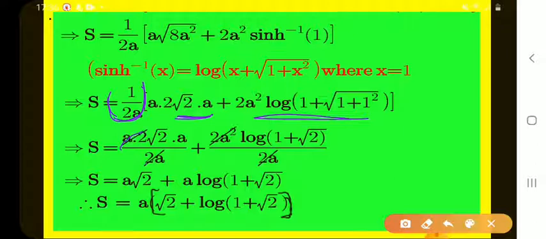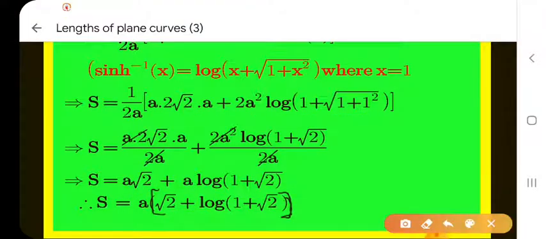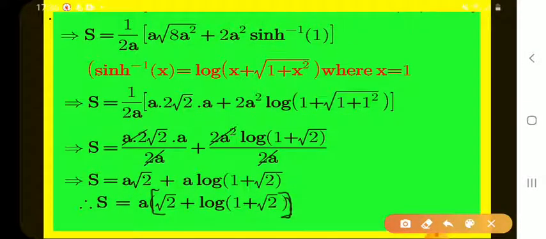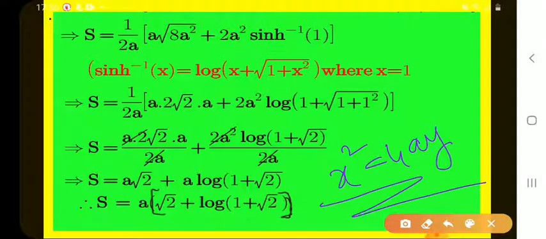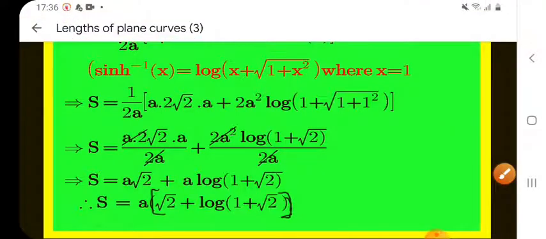Remaining term is root 2 a. Here also 2a cancel. Remaining term is a log of 1 plus root 2. Now taking a common from these two terms, what is the value of s? a into root 2 plus log of 1 plus root 2. This is the length of the arc of the given parabola. What is our parabola? x square equals 4ay. Okay, do you understand?